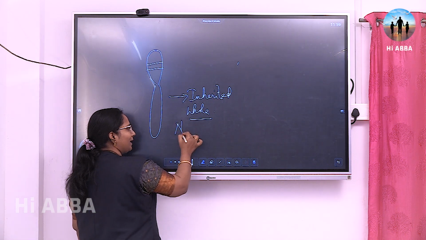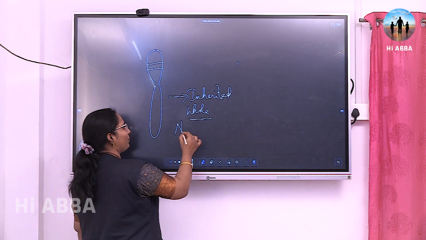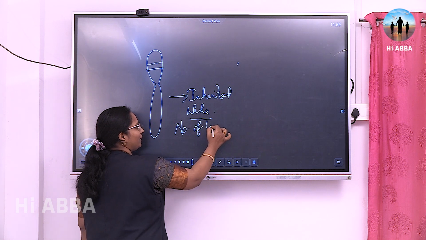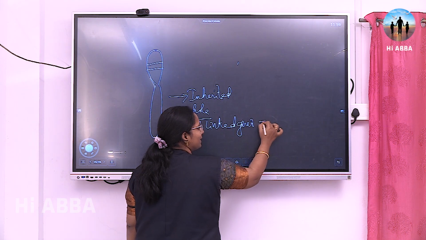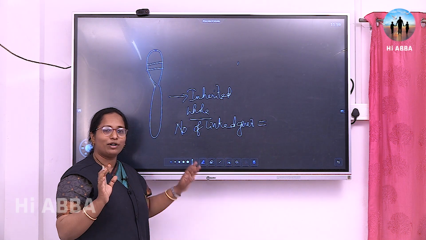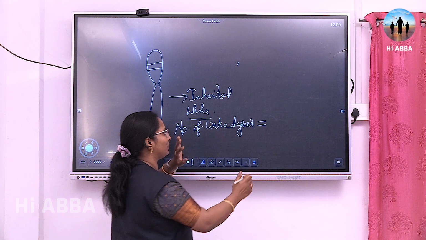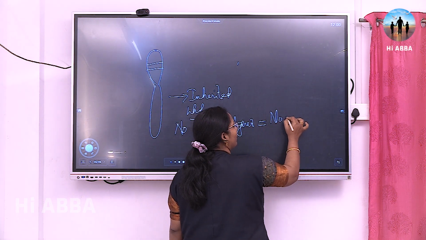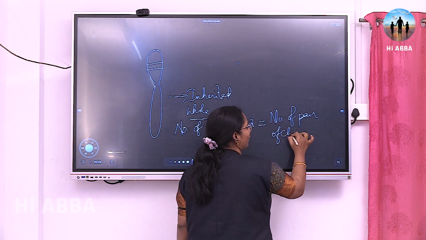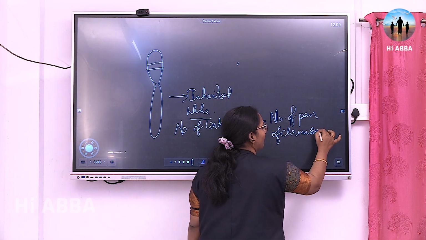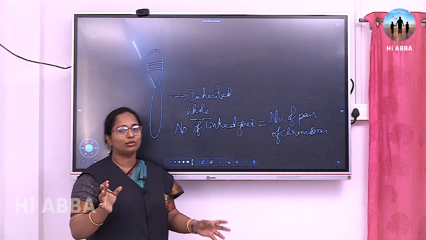When they ask how many linked genes are present, the number of linked genes is always equal to the number of pairs of chromosomes. When I am talking about pairs of chromosomes, I am not talking about the total number.